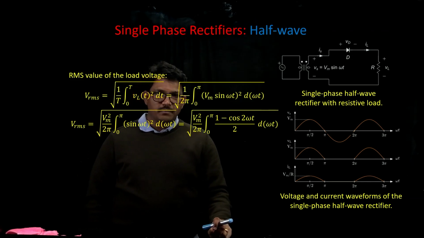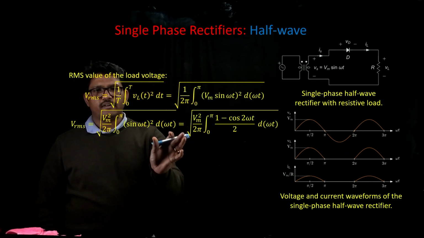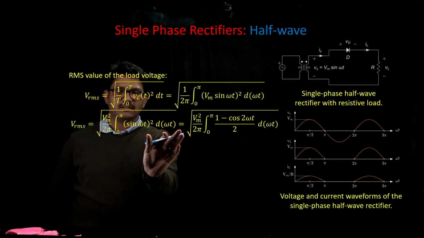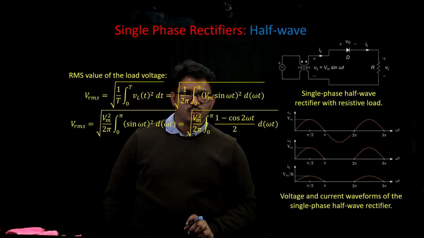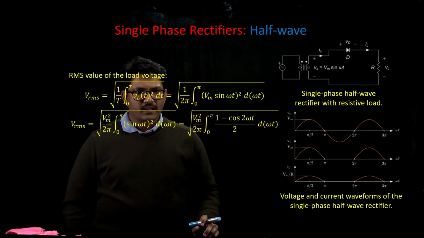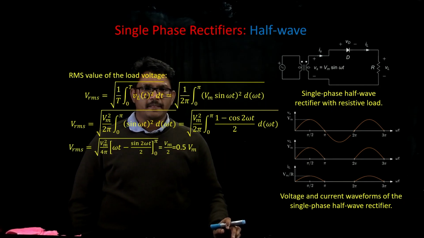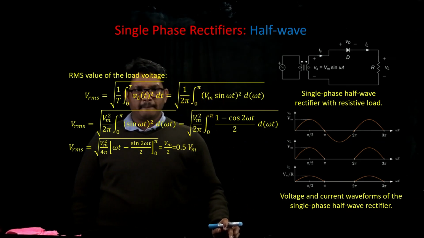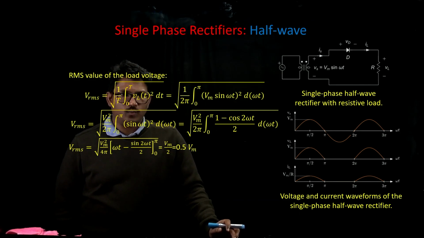Now if you try to simplify that, you need to find the integration of sine squared omega t, where we write sine squared omega t as (1 minus cos 2 omega t) by 2, and then simplify the integration. Then we'll be able to get the RMS value of the voltage as Vm by 2. This is 0.5 Vm, the RMS value of the load voltage.